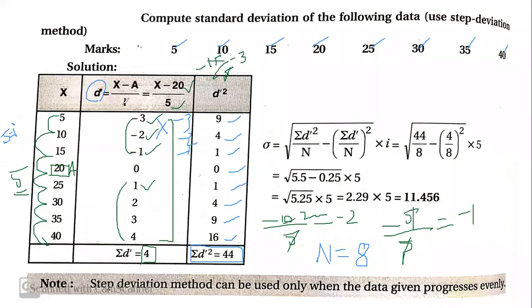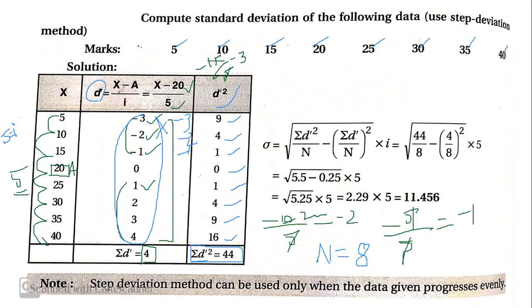Once you find D dash, add them, which is called summation D dash. Then you square the D dash values, which is called D dash square. When you add the D dash squares, it is called summation of D dash square. So this is the major part of the calculations.